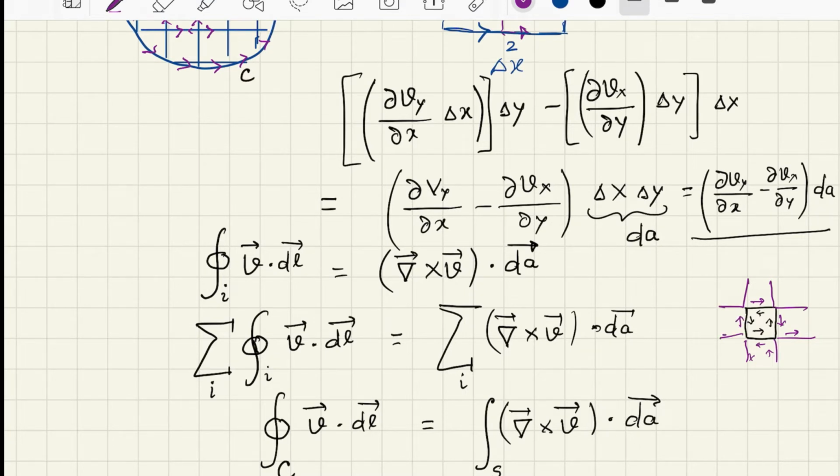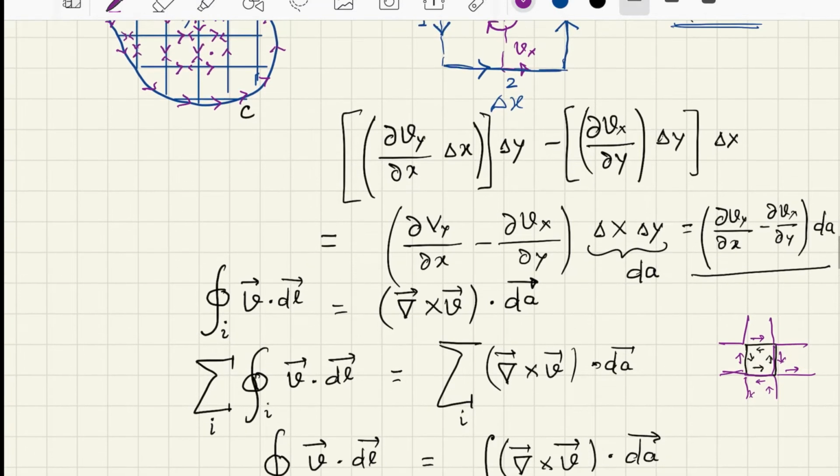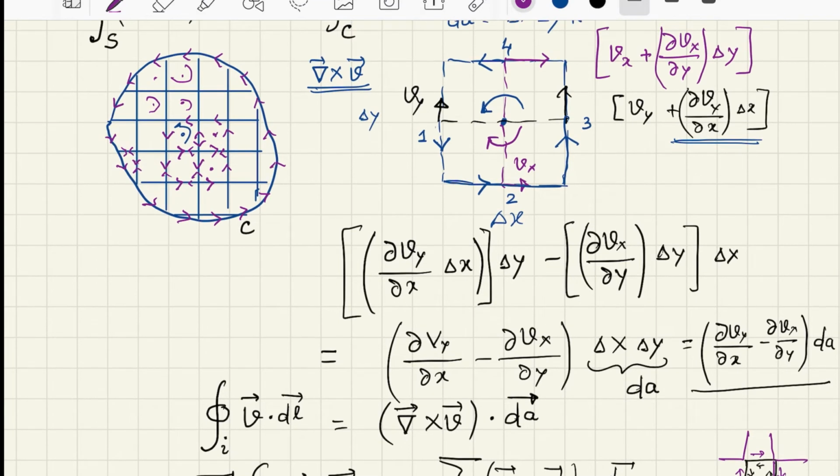So while I'm summing up, all the internal ones get cancelled out for each of the arms, and hence what remains, if I sum up all of them, is only the border one, which remains uncompensated, and hence what I get is the circulation around the path, and all the other circulations, each arm, get cancelled.